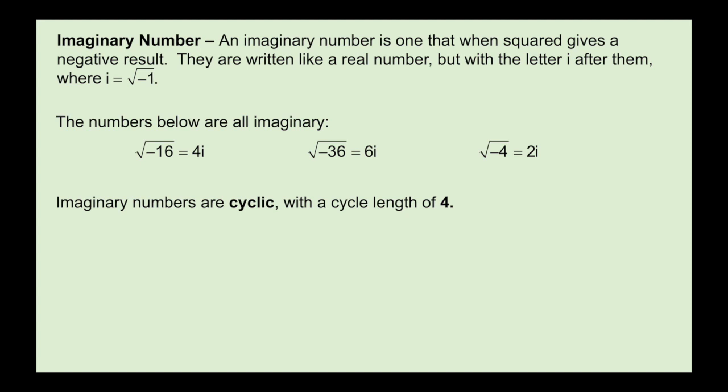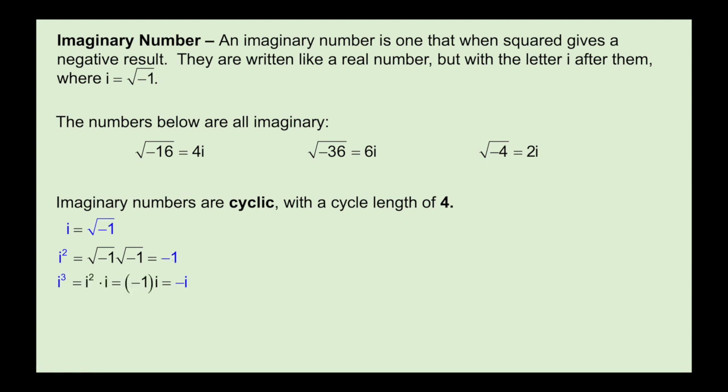Imaginary numbers are cyclic with a cycle length of 4. So when we look at i, by definition, we know that that's equal to the square root of -1. When we go to find i squared, we square both sides, and squaring the square root of -1 eliminates that square root, and we are left with -1.